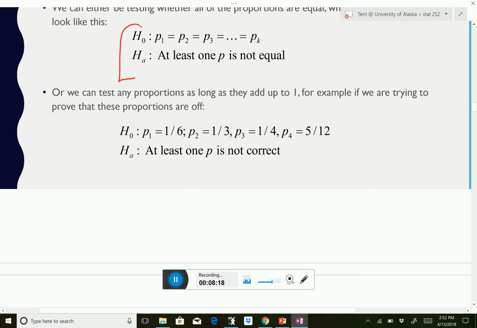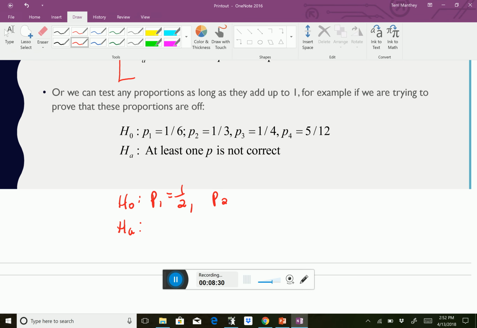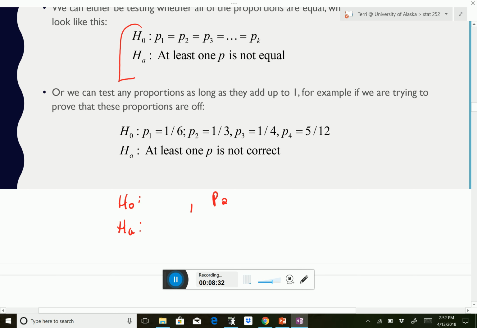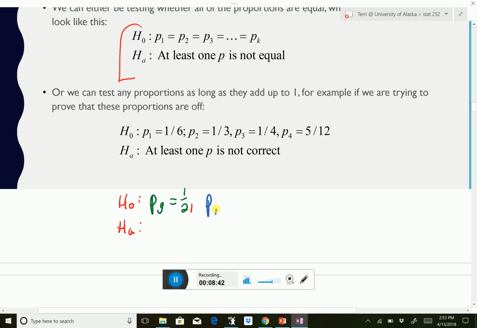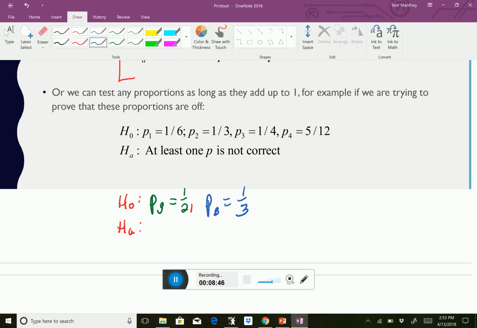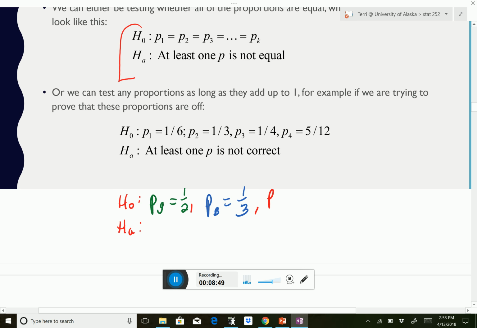So let's do our example and see if P1 is truly 1/2. I'll even make this easier. So P green is equal to 1/2, and P blue is equal to 1/3, and P red is equal to 1/6.